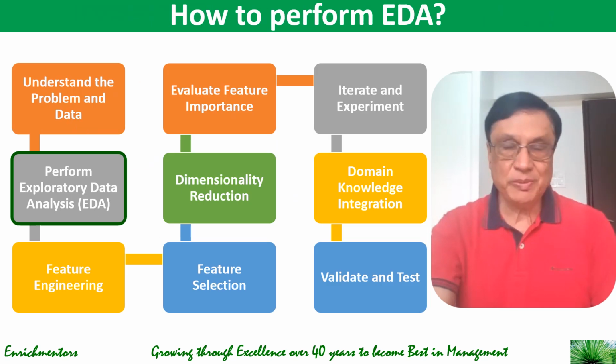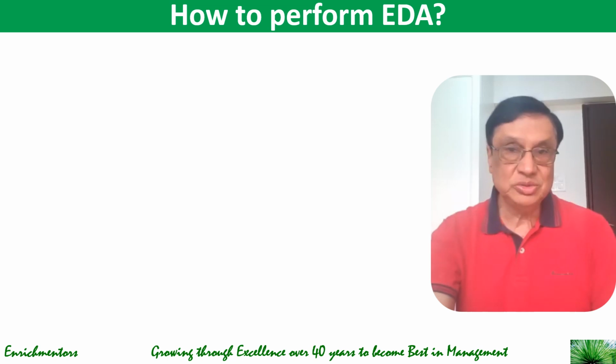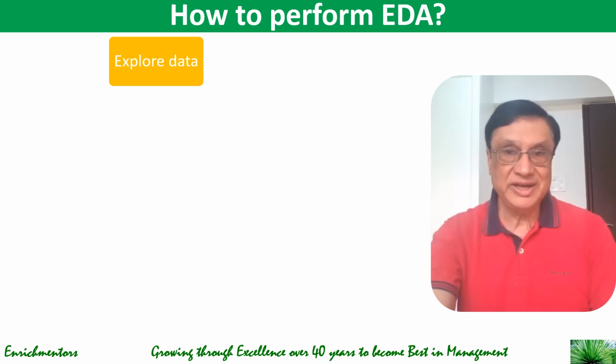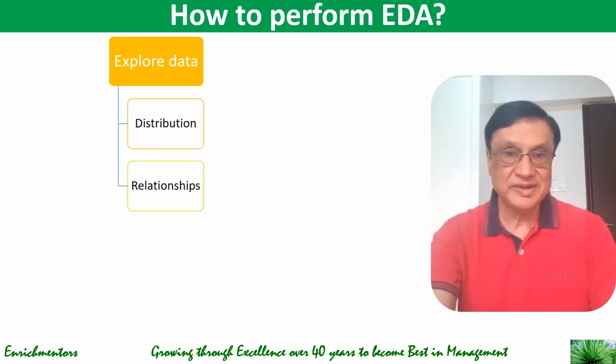Having understood the problem and the data, you get into exploring the data and doing the EDA. How do you do this EDA? You explore the distribution of the data, relationships, and patterns in the data.